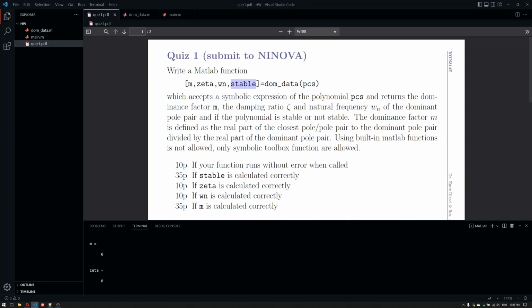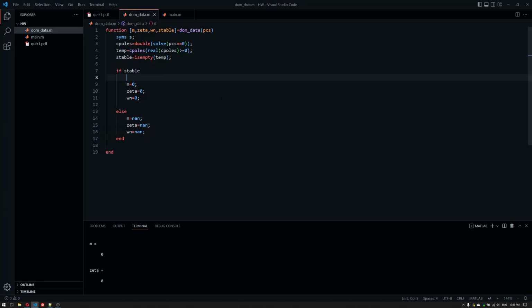So what about the other ones? What we need to do is basically, first of all, look for actually imaginary pole pairs, because by definition, if we have zeta and omega n, it means that we will have a complex conjugate pair.